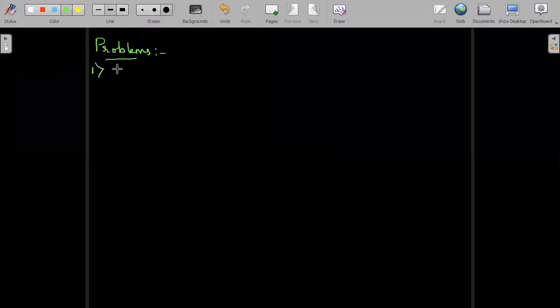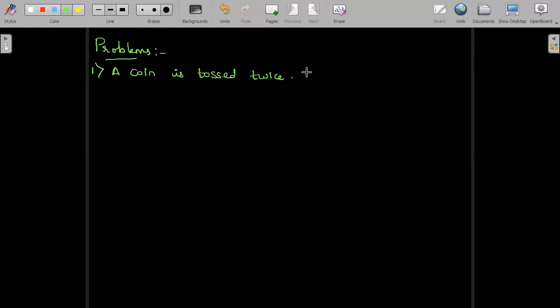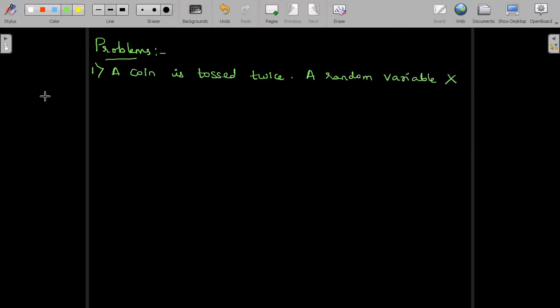First question. A coin is tossed twice. A random variable x represents the number of heads turning up.